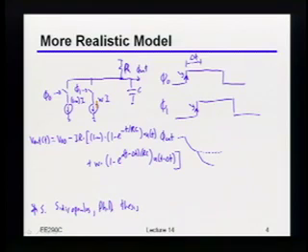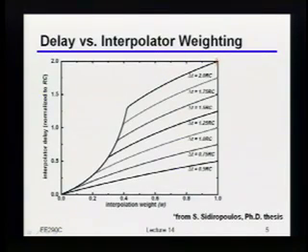Obviously, in the limit, no matter what I do in between, if I put all of my weight on this other current source over here, then I should always have some sort of fixed delay. It's just whatever is the delay associated with that stage to begin with. Okay, just to make sure it's clear, as an example, let's say that my delta t is, in this particular case, 0.5 times RC.